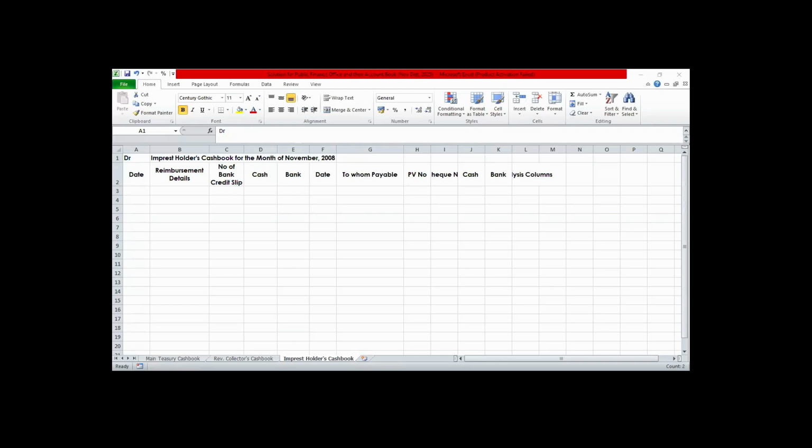That monthly float granted is 80,000. What was that 80,000 meant for? Imprest. That is the imprest issued out. Then we come here. Let's go to the solution page. Then under the date, we have 01/11/2008.